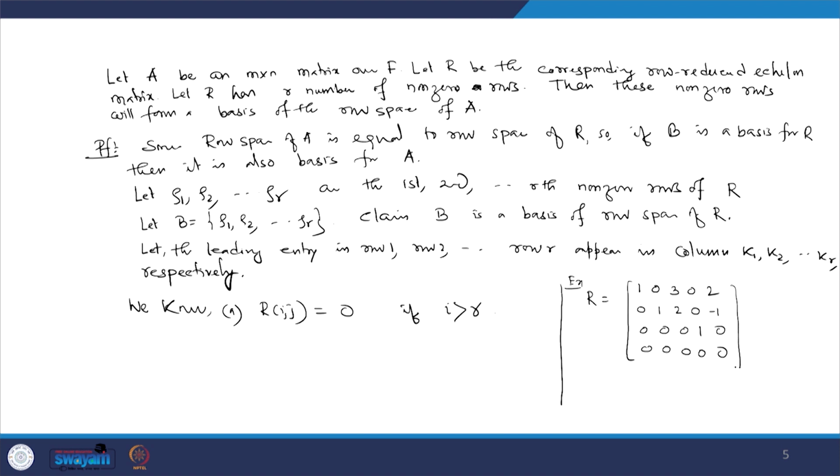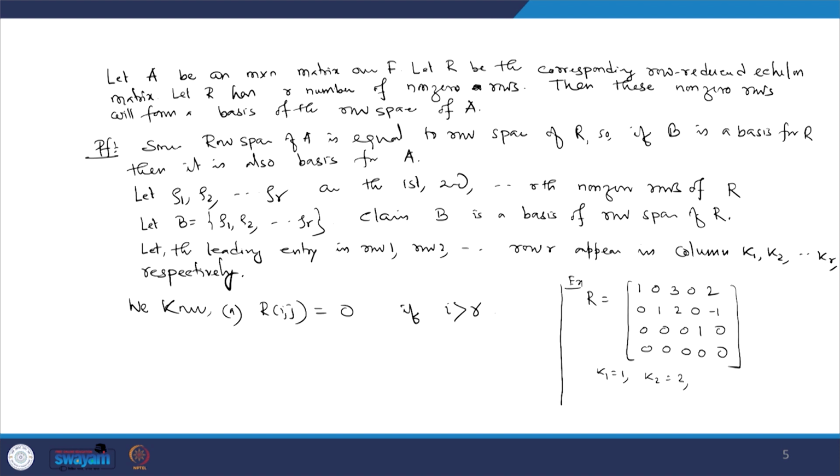So, if I consider this matrix, is it a row reduced echelon matrix? Does it satisfy all the axioms? Yes. See, K1 means the column number in which the leading entries appear.